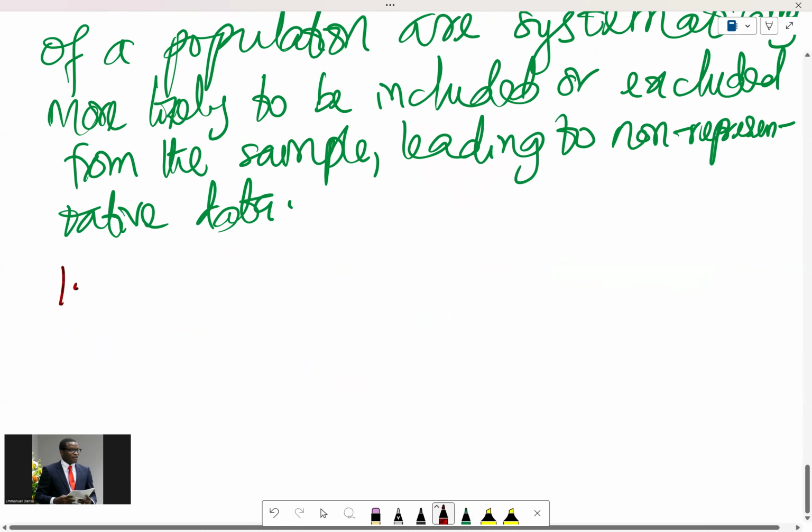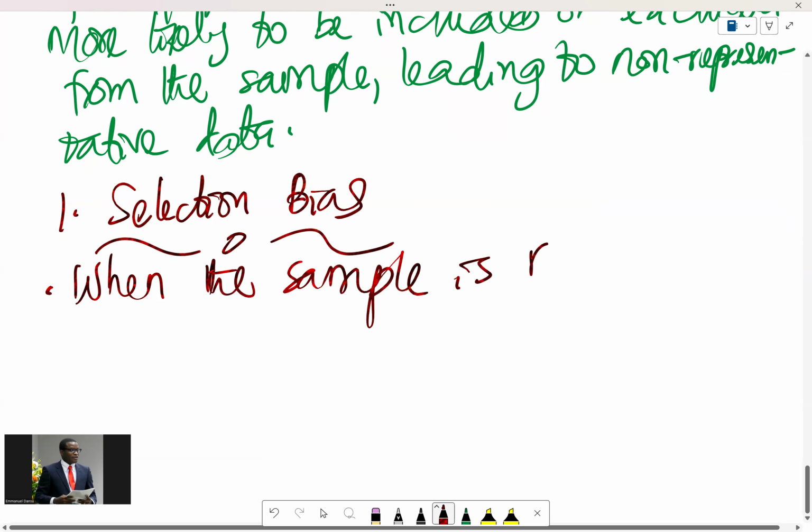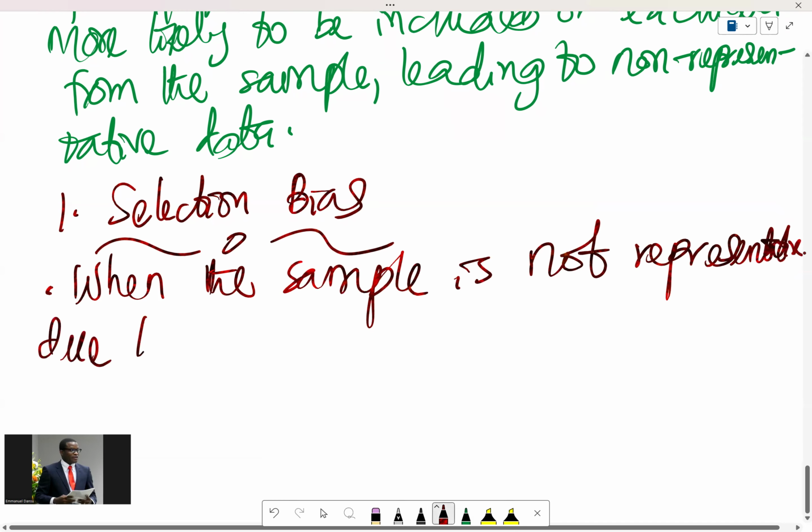So we talk about selection bias. These are different types of biases. Selection bias is when the sample is not representative due to the way participants are chosen.